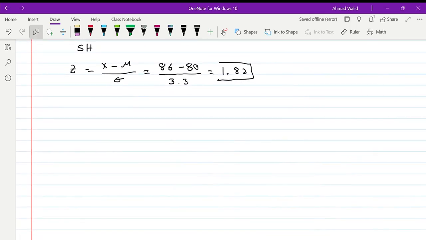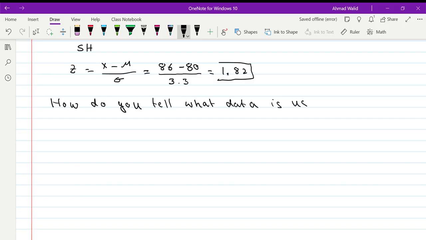Now, a few more things that I want to talk about. First, let's answer this question. How do you tell what data is usual or unusual with z-score?